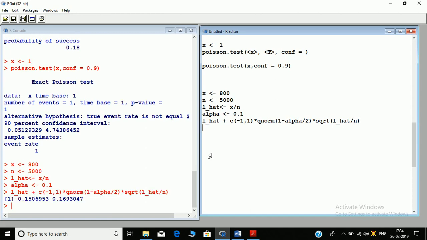Okay, so this is my confidence interval: 0.1506953 and 0.169.